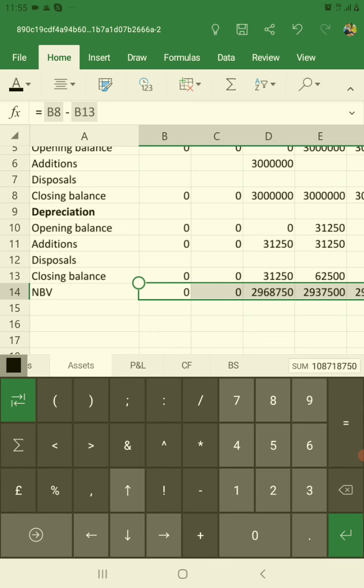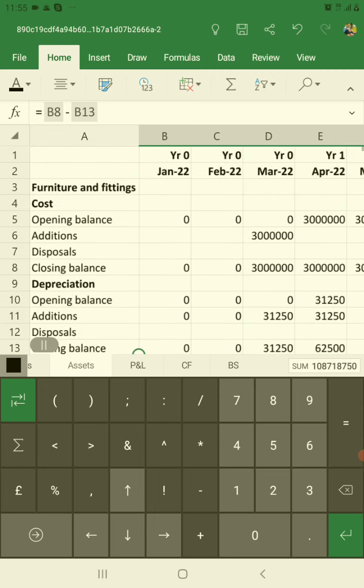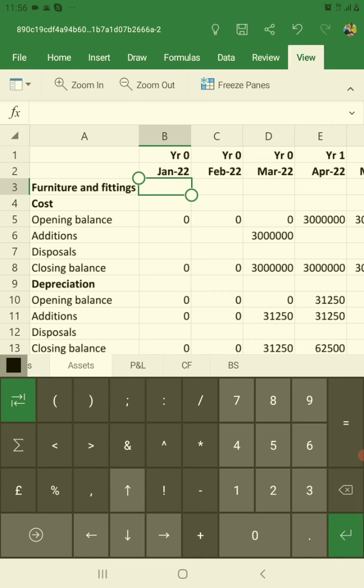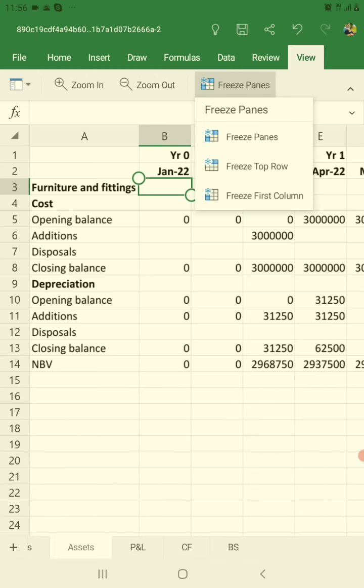After that, I don't see the rows for year and month, so let me go up and freeze the pane at this location so that I can see the rows for year and month, and at the same time I can see the column for particulars. So I go to view and then freeze pane.